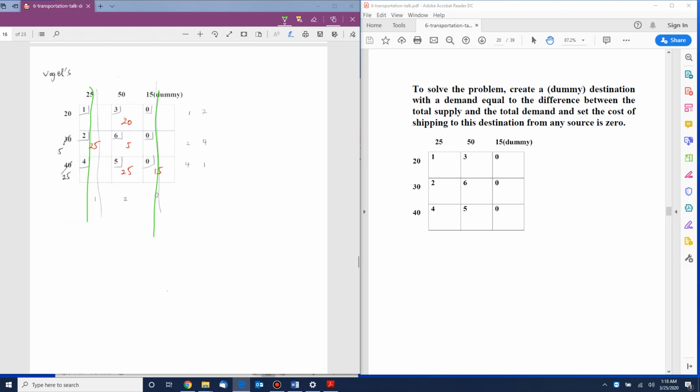Once we have done this, we can build up an initial tableau.